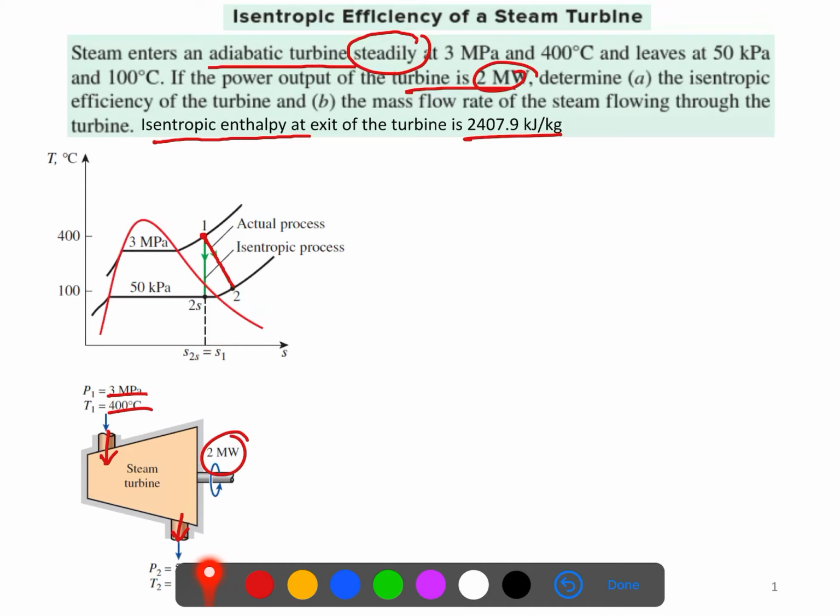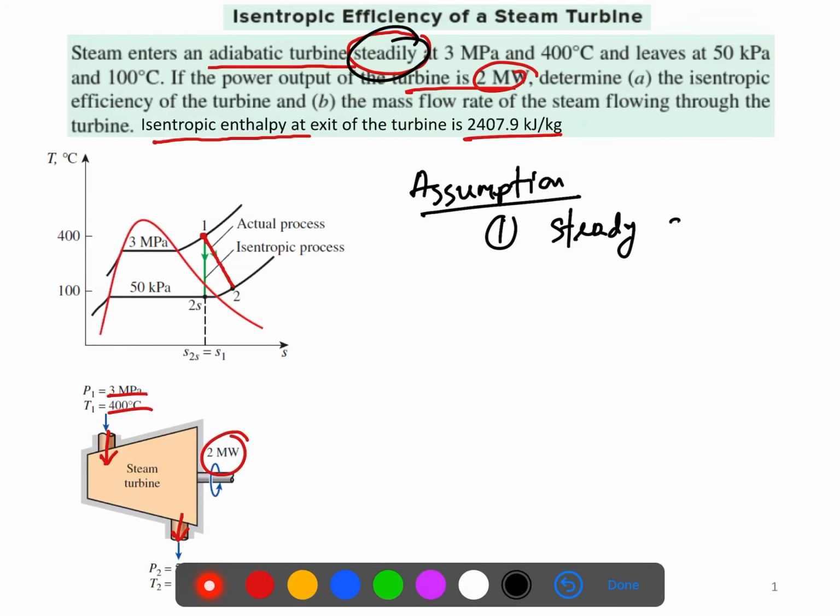Anyways, so now at first we will write down some assumptions. The first one, guys, we can say is steady state operating conditions here.